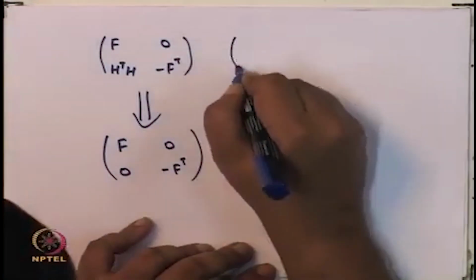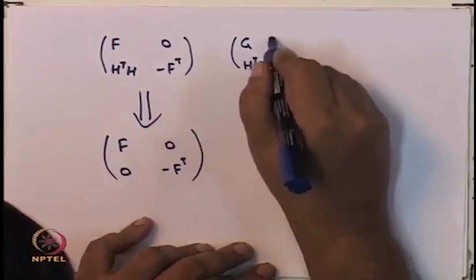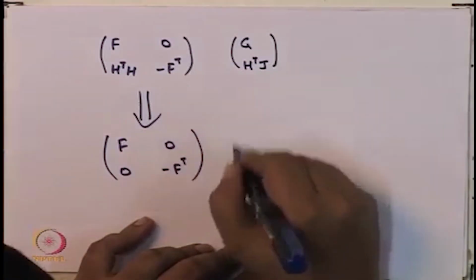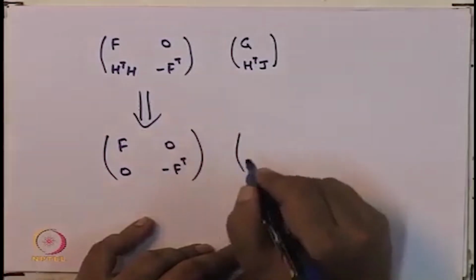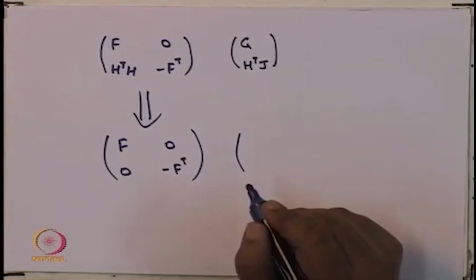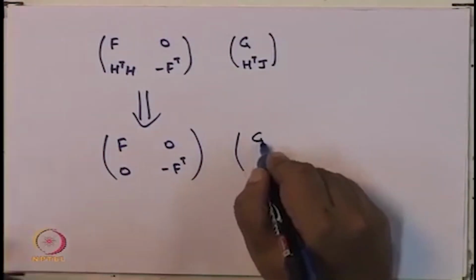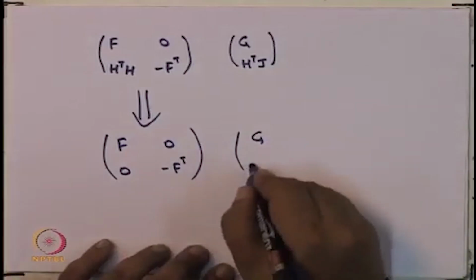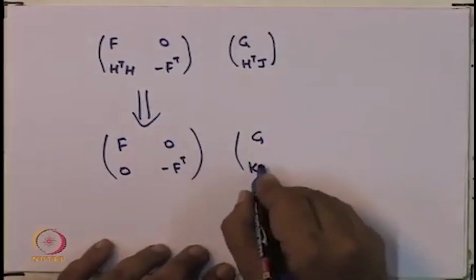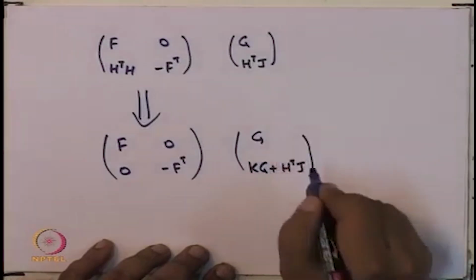Then you had the input matrix as G H transpose J, and under this similarity transform, this will continue to be G, and here you will have K G plus H transpose J.